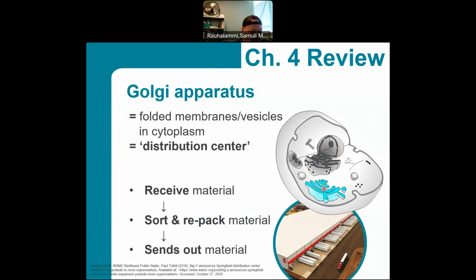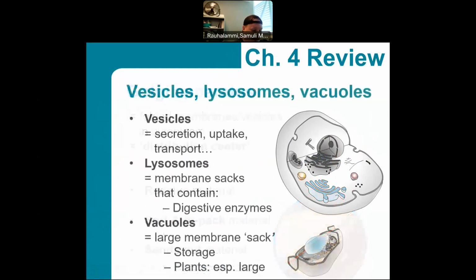So they receive materials, sort and repackage those, and then send them out of the cell as well. So an important part of a cell as well. We have various other sac-like structures that we find within the cells: vesicles, lysosomes, and vacuoles, especially in plants, large structures. Important, either storing materials, moving materials, things like that.